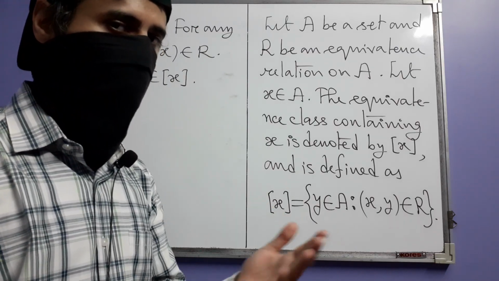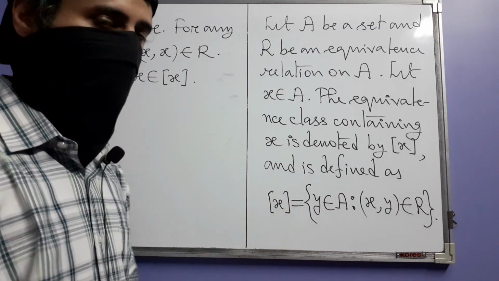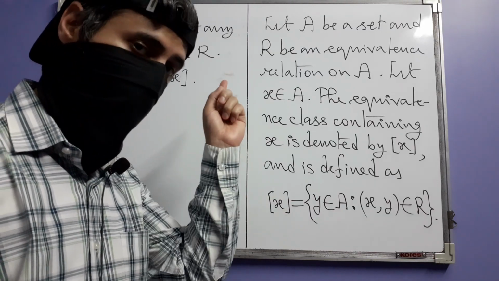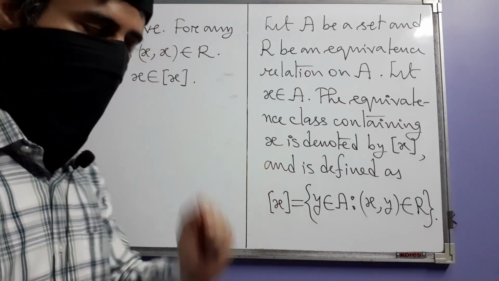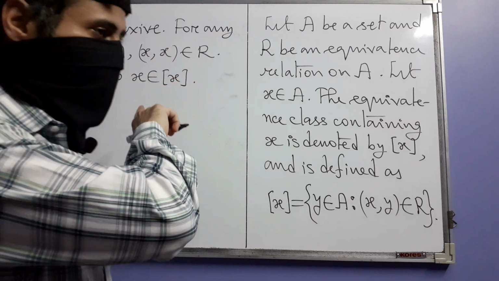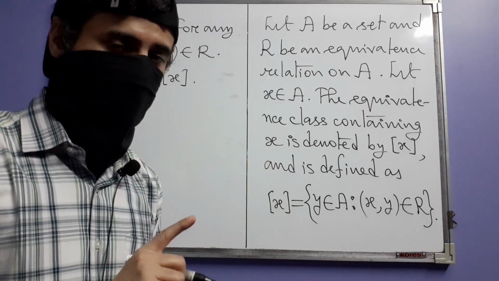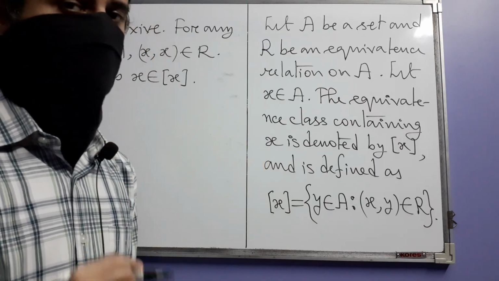There are some other properties also that the equivalence classes for any equivalence relation have, and those properties are those that we saw just now. So the sets that we saw for the two relations R1 and R2 on Z are actually the equivalence classes.